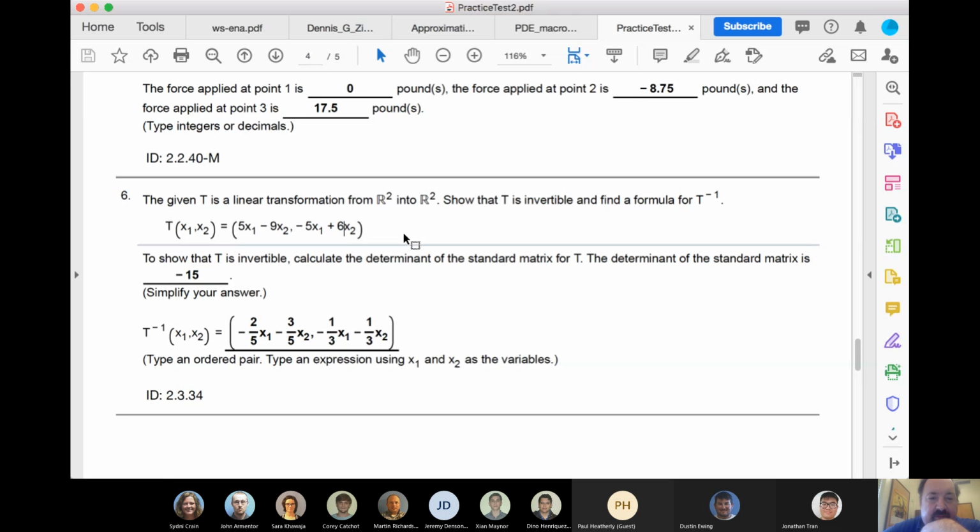The second row would be 5 and 5, but all of that's divided by -15. So in the second row you have 5 and 5 divided by -15, which gives you -1/3, -1/3. So it's just from the formula for the 2x2 inverse.